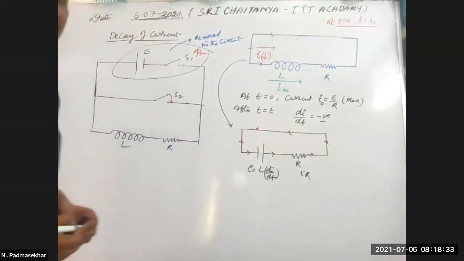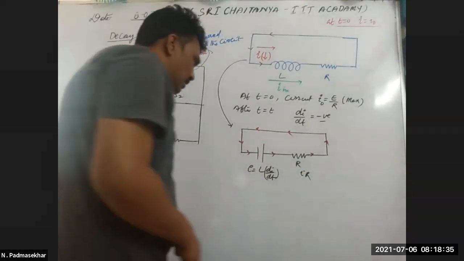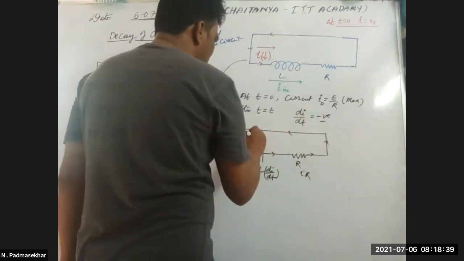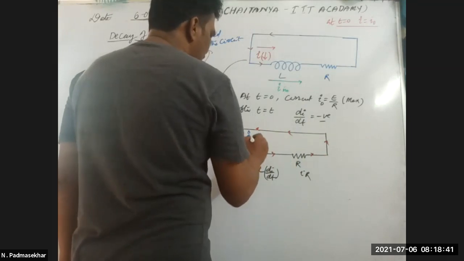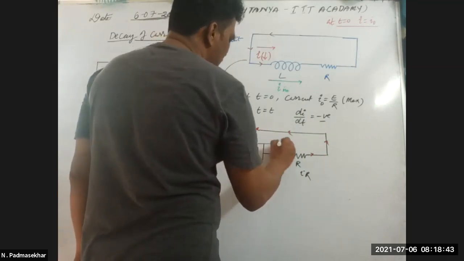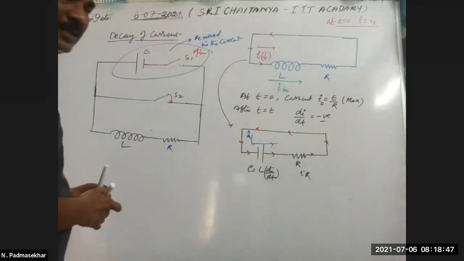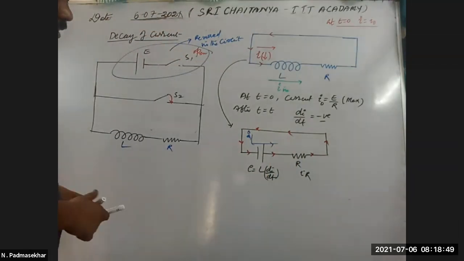So using Kirchhoff's rules, I start here. I am crossing this cell from the negative terminal to the positive terminal.